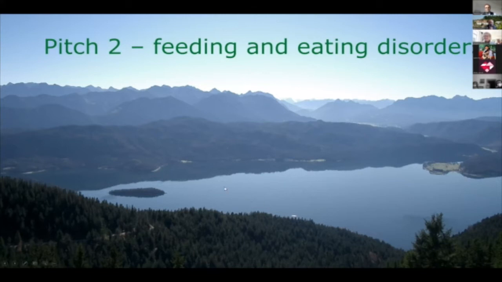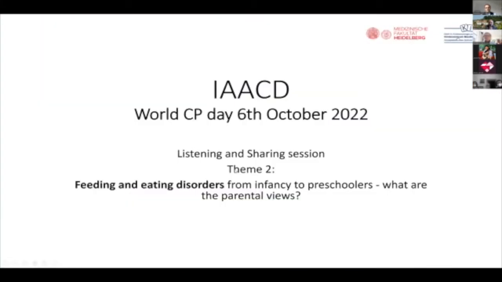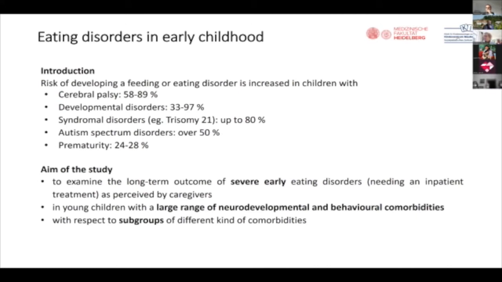So we start with feeding disorders, eating disorders, actually in a spectrum of children with disability, of course also with CP. I just want to share some data of a survey with parents having had children with an inpatient treatment some years ago because of severe eating disorders.